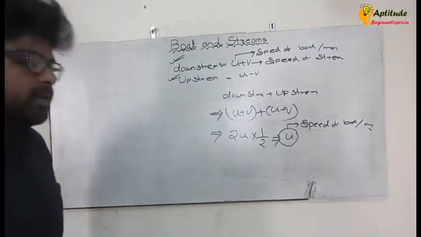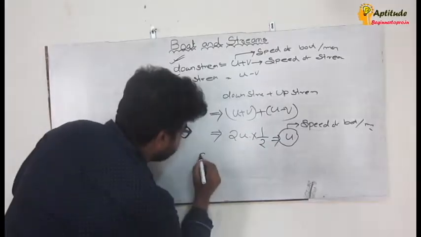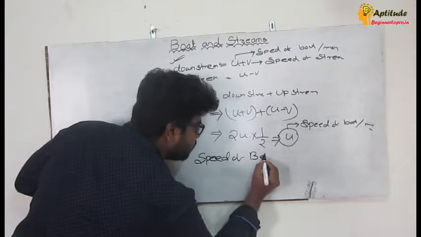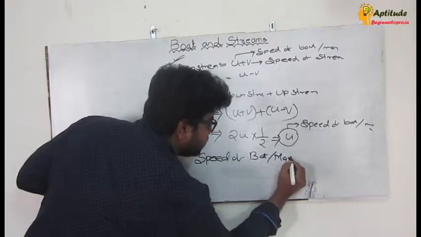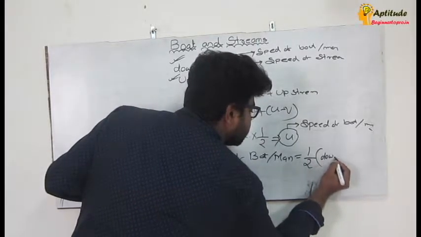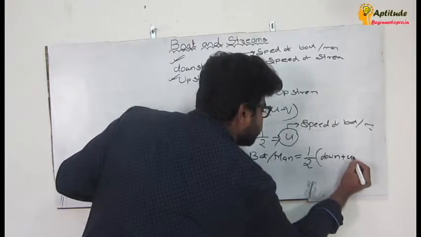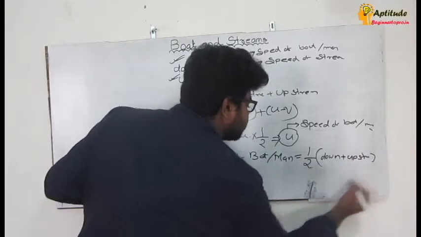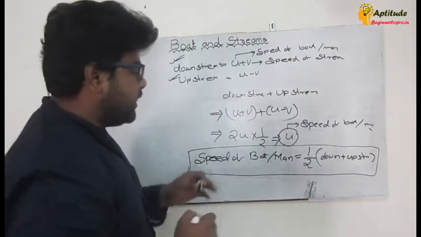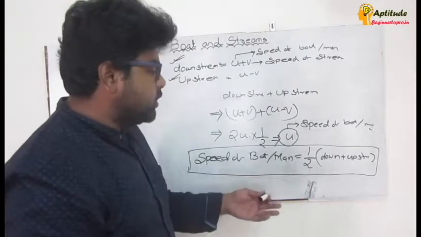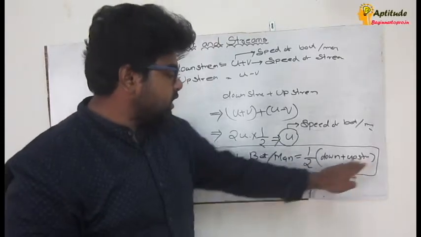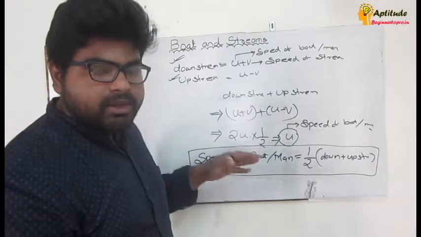So in simple terms, the speed of the boat or man is half into downstream speed plus upstream speed. This is one formula to get the speed of a man, boat or any object moving in a stream. If we know the downstream and upstream speed, then you can calculate the speed of that object, man or boat.